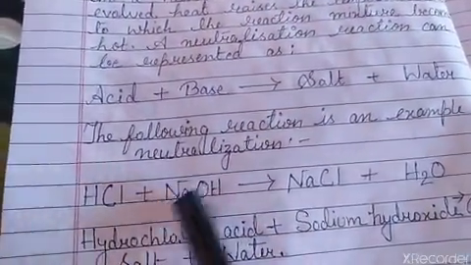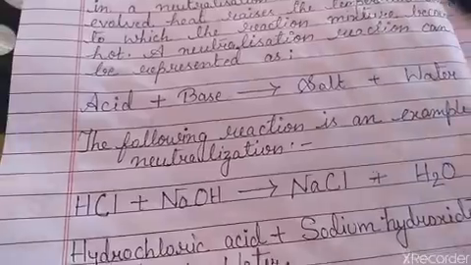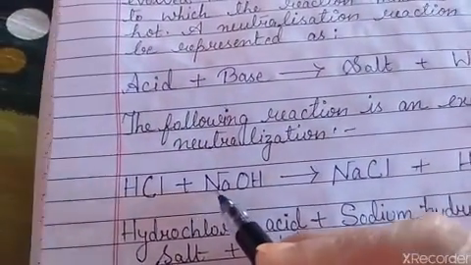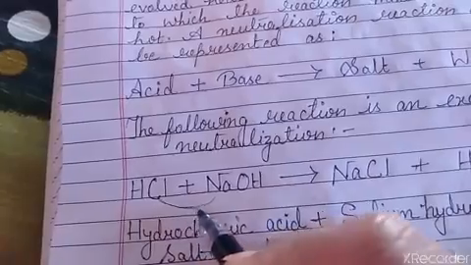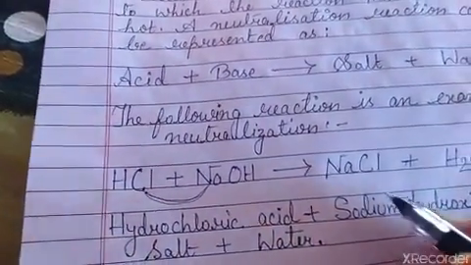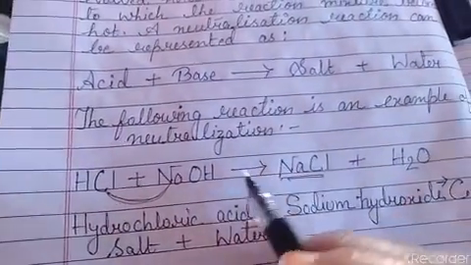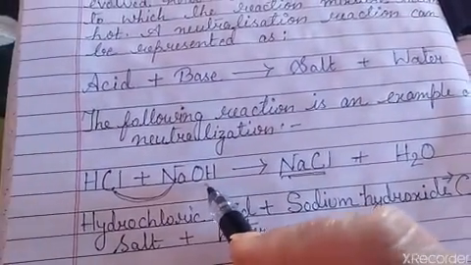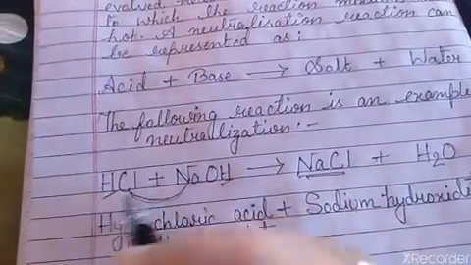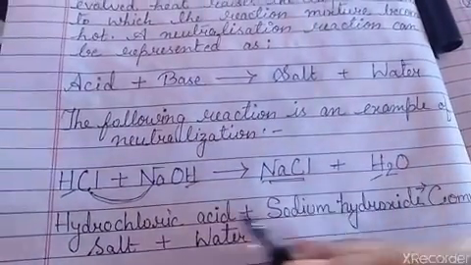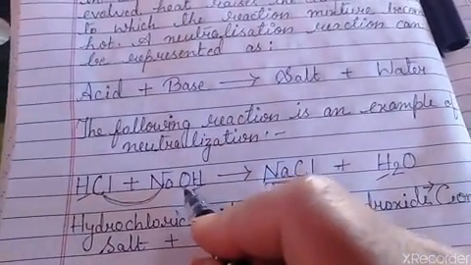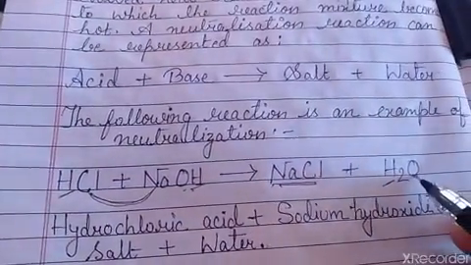See what happens with this. We are getting NaCl, which together becomes a salt. And H2, that is 1 H here and 1 H there, so H2, and a single O comes here.